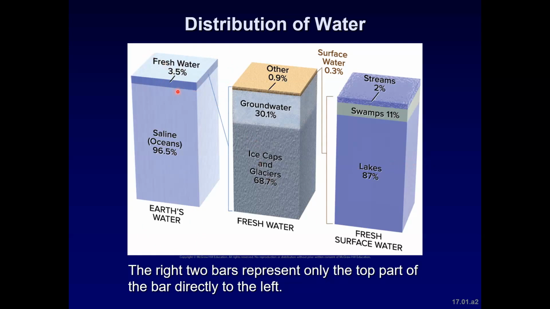So we're breaking down the fresh water of that. You've got ice caps and glaciers being 68.7%, groundwater being 30.1%, other water being 0.9%, and then we'll look at surface water from that, 0.3%, and 87% of surface water would be lakes, swamps would be 11%, and streams would only be 2%.